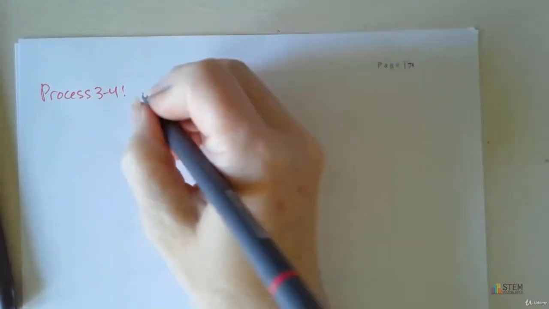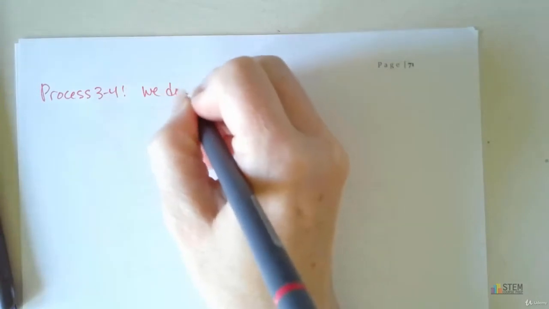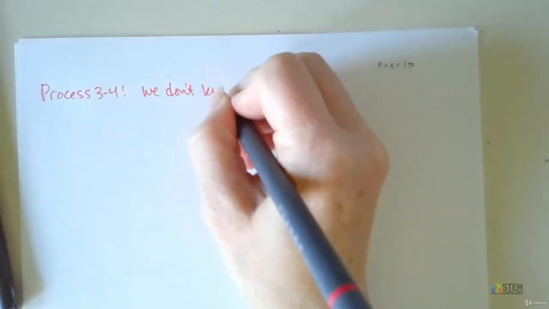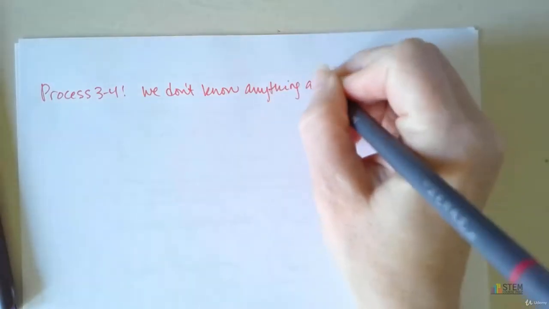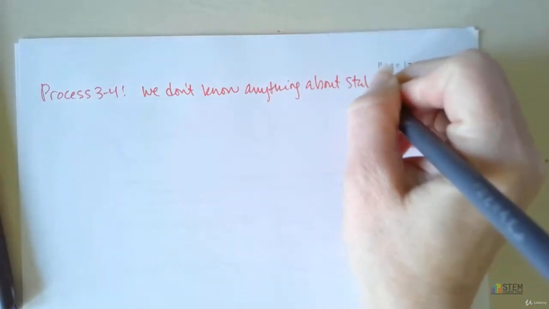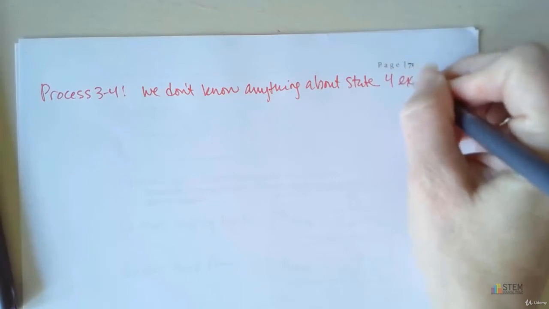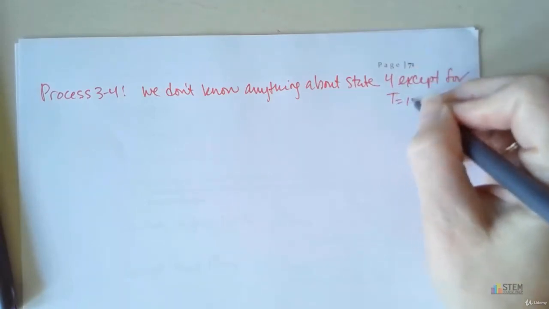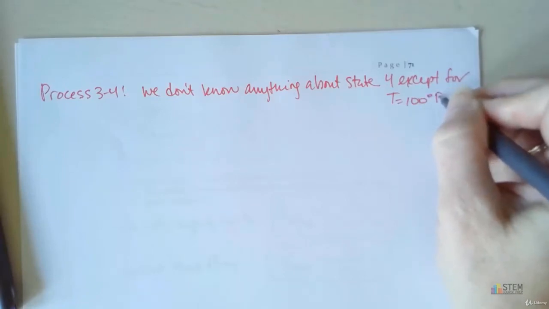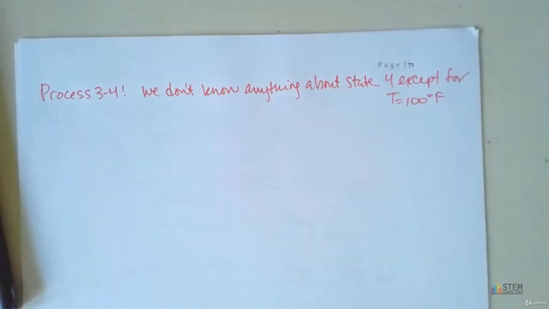Our temperature is 100. That's really all that we really know. Let's make a note about that. We don't know anything about state 4 except for the temperature. So at least we know the temperature, right?